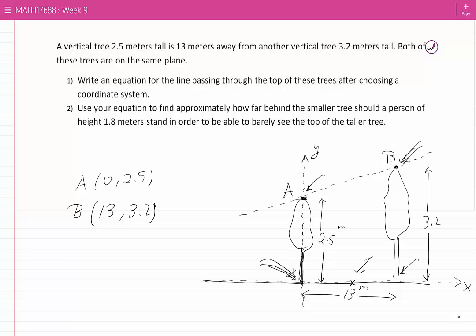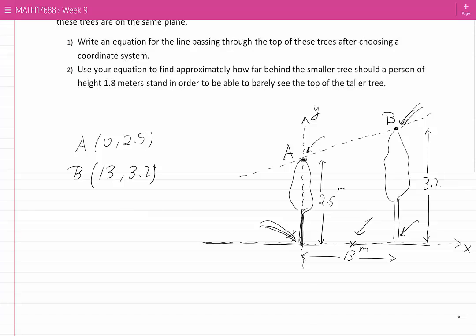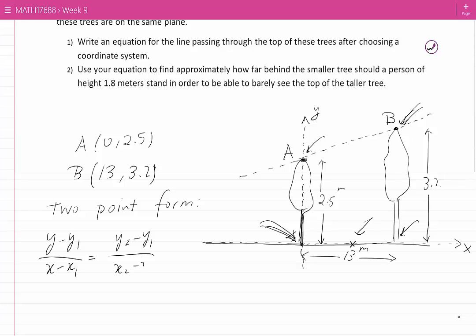If I have the coordinates of 2 points of a line, I can write down the equation of the line. I will use the 2-point form of the equation of a line. That is (y minus y1) over (x minus x1) is equal to (y2 minus y1) over (x2 minus x1).